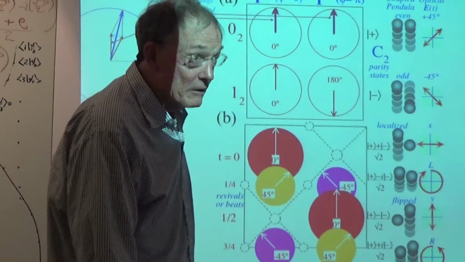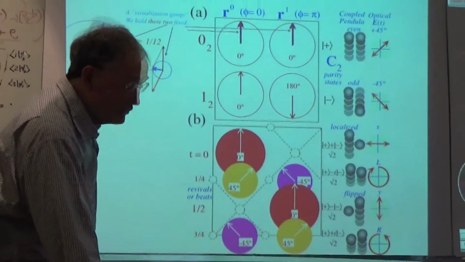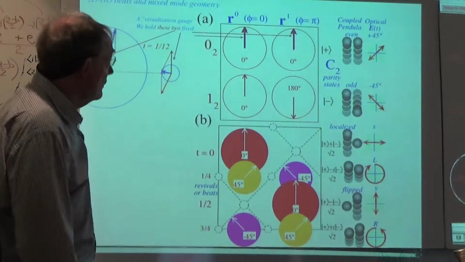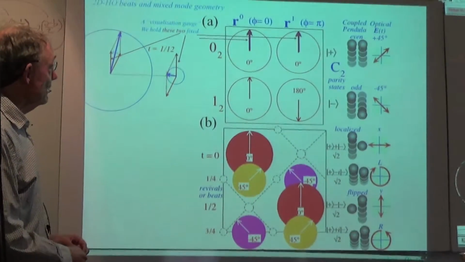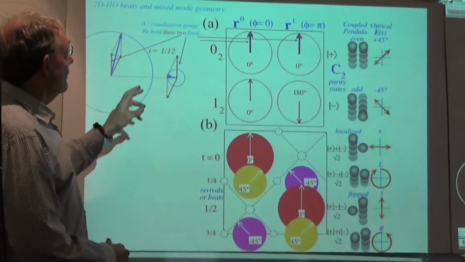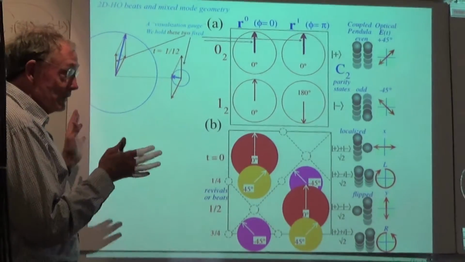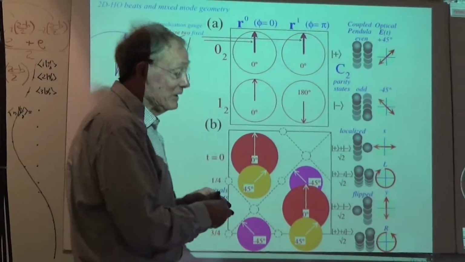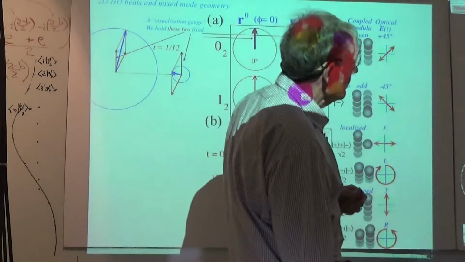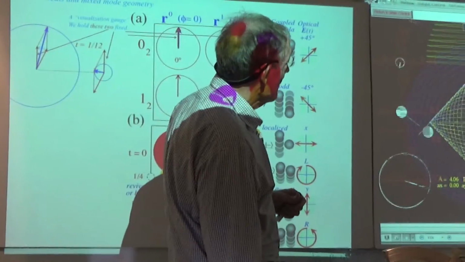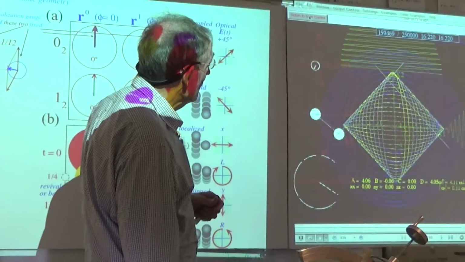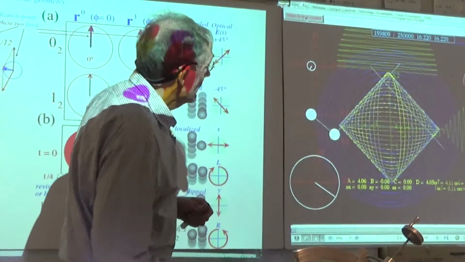Now this is a very quick discussion of the geometry of what we're doing here. Okay? This is what I call a visualization gauge. What I mean by that is, I'm allowed to set the origin for any of these frequencies. I'm going to just pause this for a moment here.